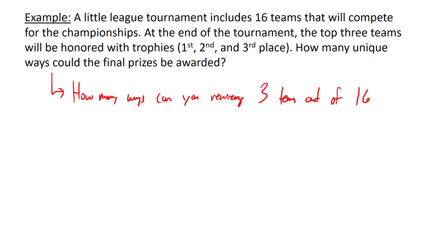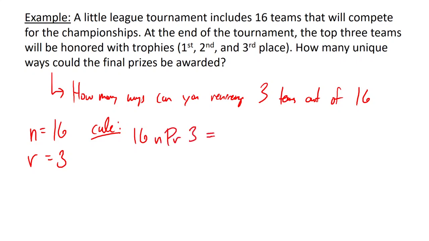This is like the book problem, except now I've got 16 books and I can only pick 3 of them to put on my shelf. So this is a permutation where N is 16, R is 3, and I would just do it in my calculator: 16 NPR 3. If you do that, what do you get?